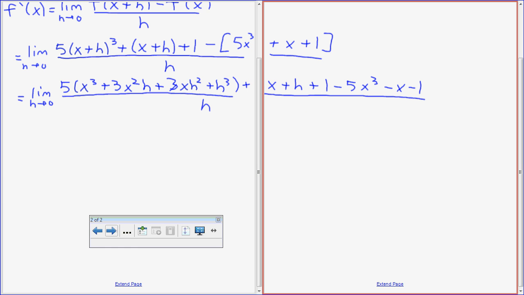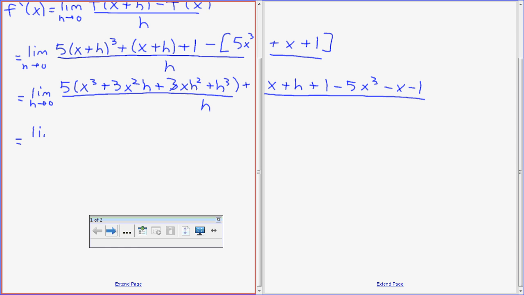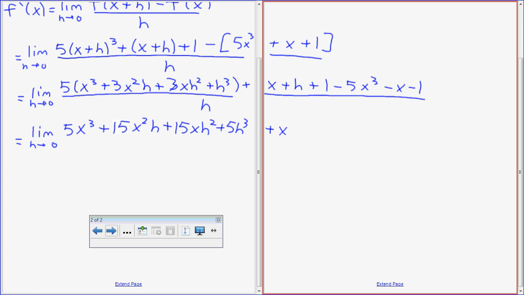Perfect. So I call that the limit as h approaches 0 of 5x cubed plus 15x squared h plus 15xh squared plus 5h cubed plus x plus h plus 1 minus 5x cubed minus x plus 1, all over h.